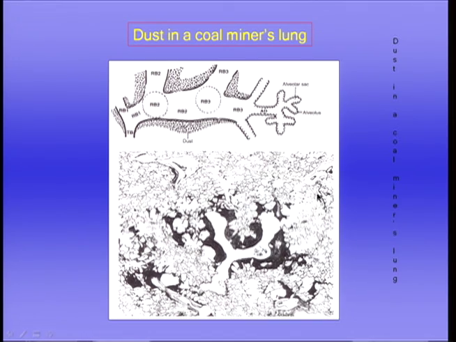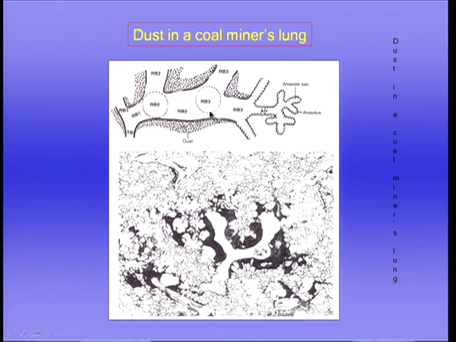I can see it, but it's not easy for someone who's not familiar with these things to see it. And so the artist has put in a cartoon at the top to show us what's happening. As you can see, the dust is found in the immediate vicinity of the terminal and respiratory bronchioles. The peripheral alveoli are completely spared of dust.